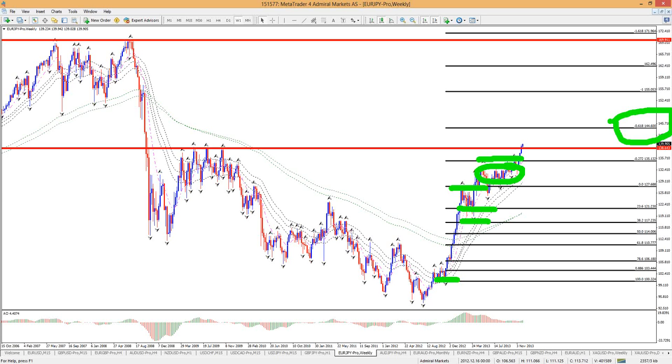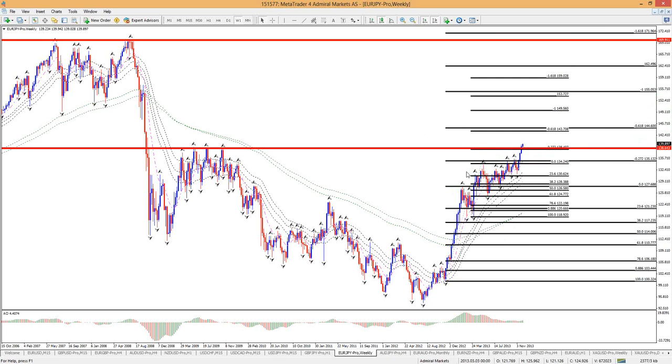If we then pause and break again above 144.60, then the minus 1,000 would be the next target at 155. There are some smaller targets in between, which we primarily can find by putting a fib on this upside.